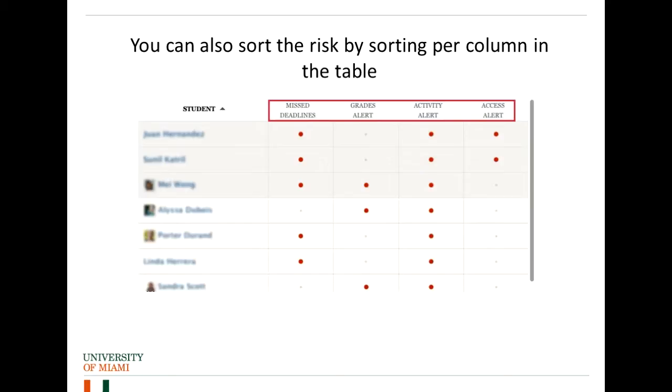You can also sort the risk by clicking on the name of the column in the table, and this will be sorted by ascending or descending. So depending on which category, you can sort them by that.